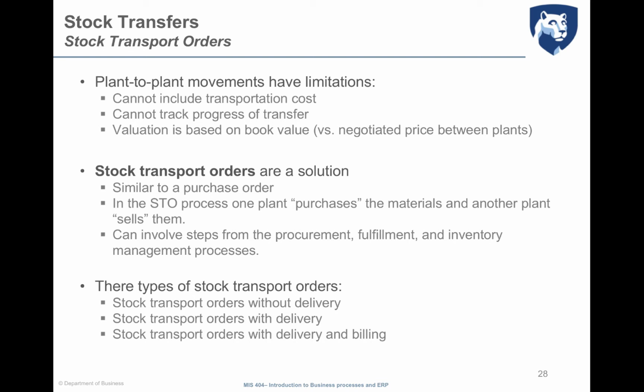We talked about the two-step procedure, but we never talked about how to track where and in which status the material is while it's moving. And of course, with one-step and two-step procedures, when revaluation of materials occurs, this can only be based on the book value of the materials at the sending plant, and can be a negotiated value or a negotiated price between plants. So there is not the commercial aspect of transferring materials.